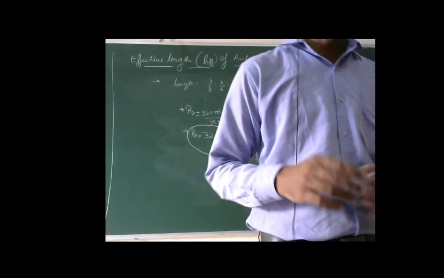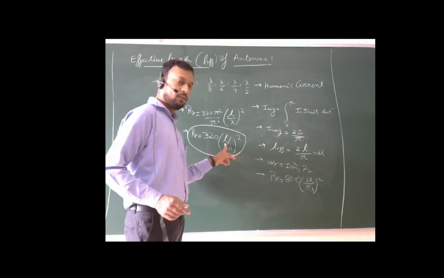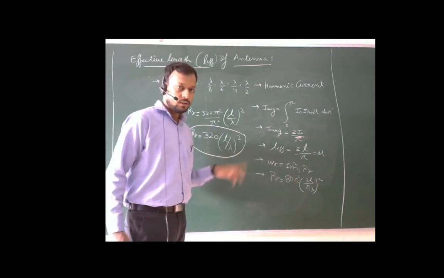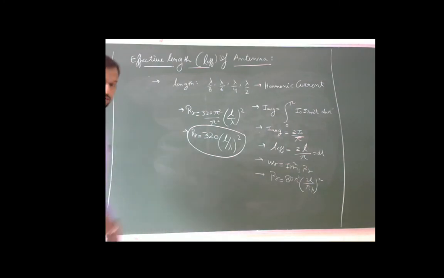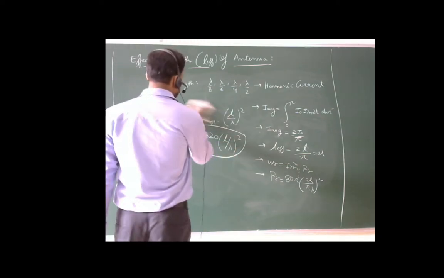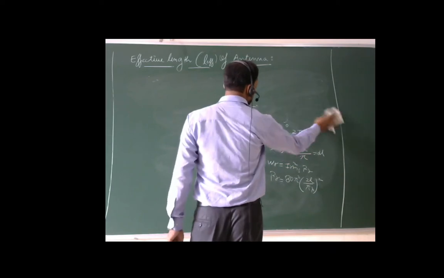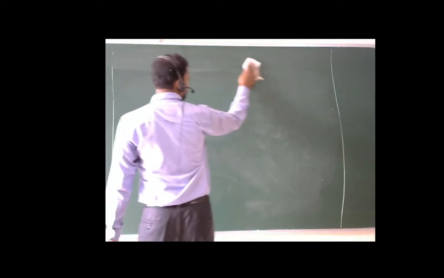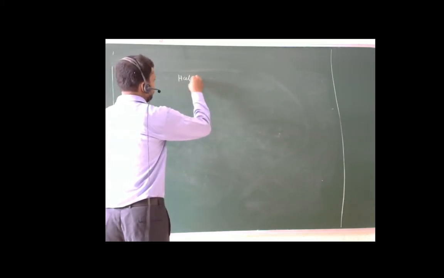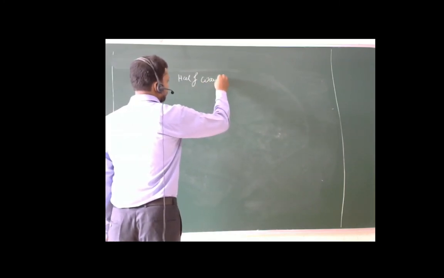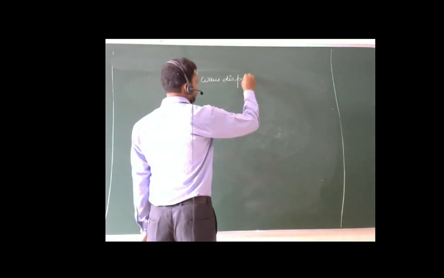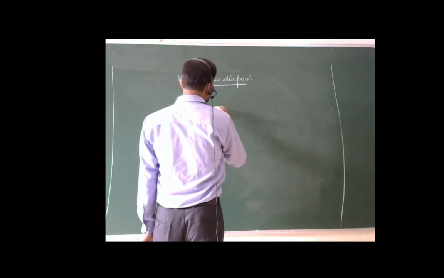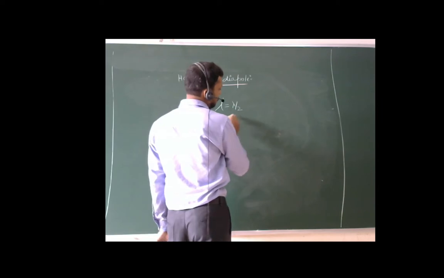Now let us choose some practical value. For a half wave dipole, this L is lambda by 2, that is the half wave.